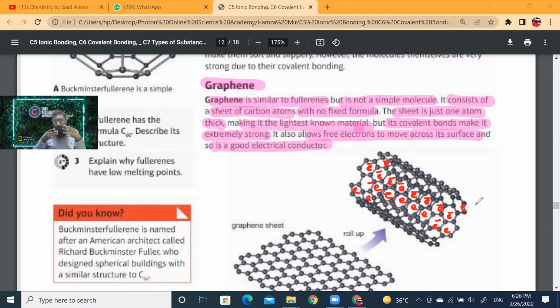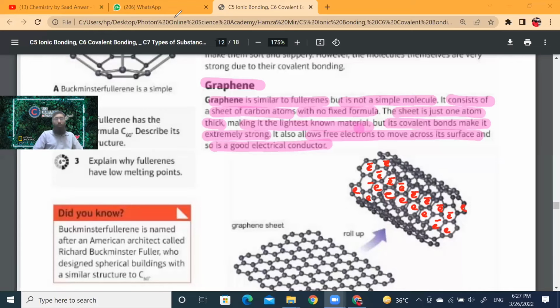Do you have any idea what an electrical conductor means, what a good electrical conductor is, what a bad electrical conductor is, and what an insulator is? If you are familiar with these terms, then I am pretty sure you will understand what a good electrical conductor means here. So due to these free electrons moving across its surface, it is a good electrical conductor.